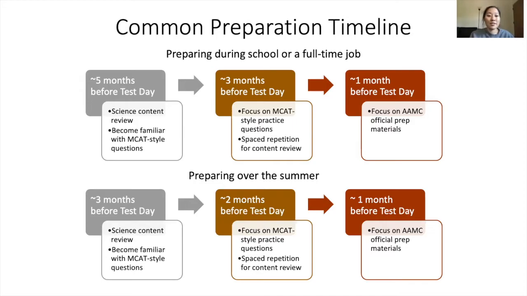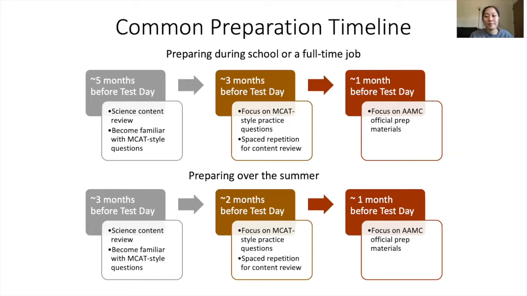Now let's actually go over the actual timeline. You can see that for this first timeline, people spend around 5 months total to prepare for the MCAT. Around 5 months before test day, this is where students really begin studying all the science content, like memorizing amino acids and learning all the organic chemistry functional groups.